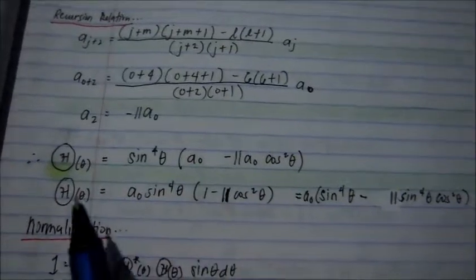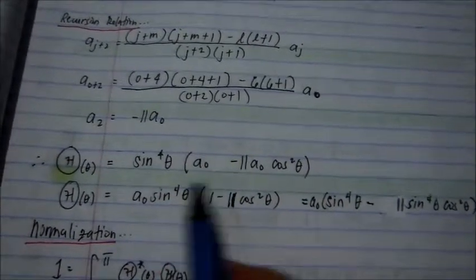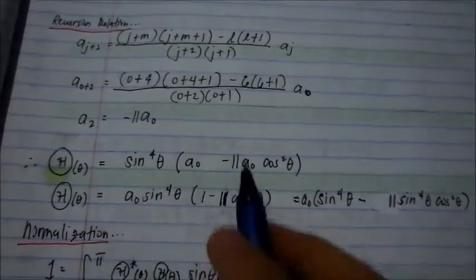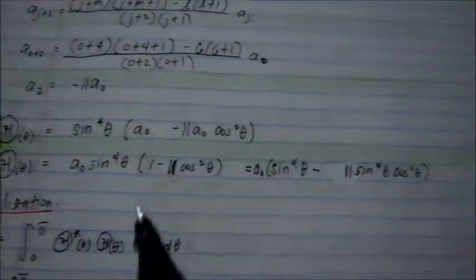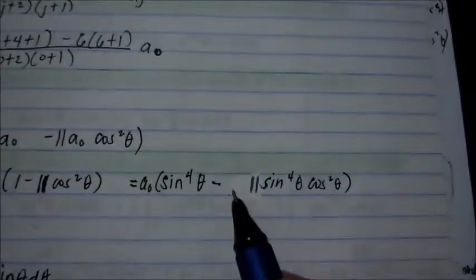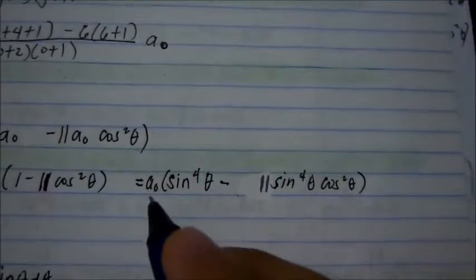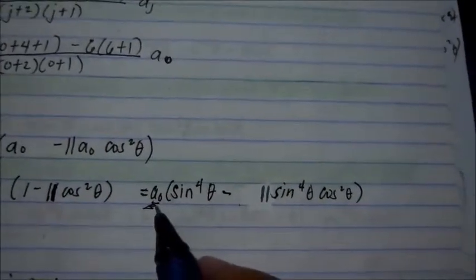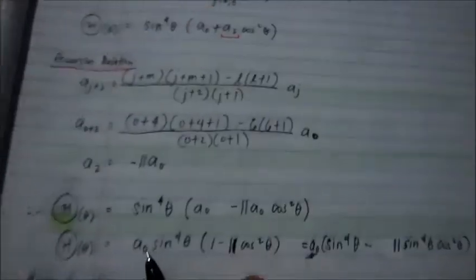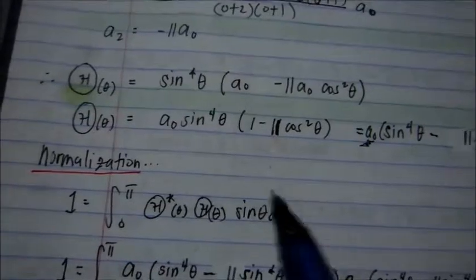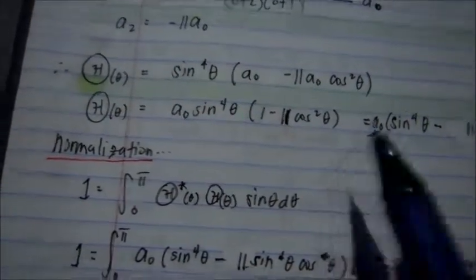Rearranging that, or maybe distributing this, we'll get this, and I recommend isolating a sub 0 first so that normalization will be easy. Next is the normalization. So this will be our normalization equation.